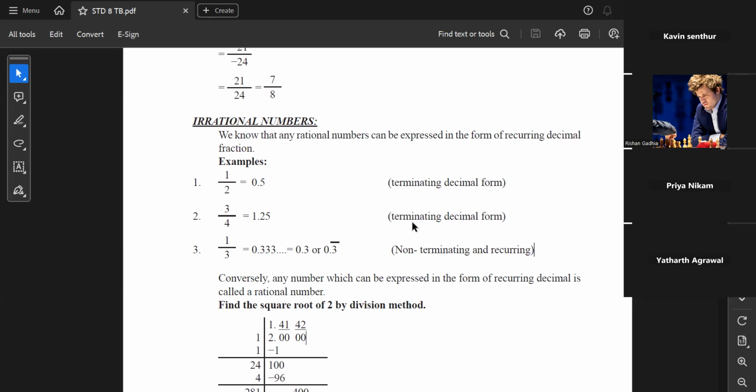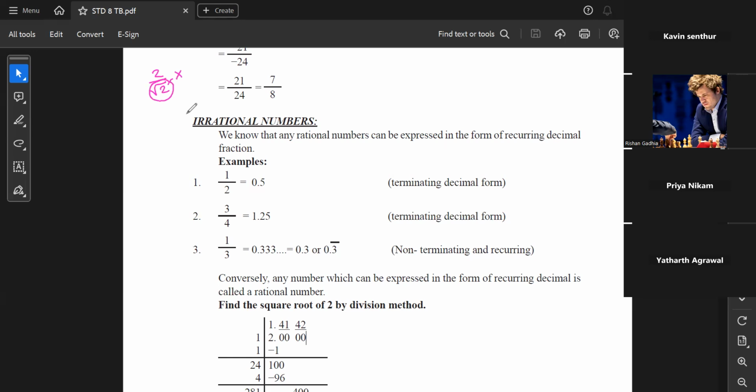Whenever we are considering a rational number, we never consider a root in the numerator or the denominator. For example, 2 upon root 2 is a fraction which has a root number in the denominator, so we cannot consider it a rational number.